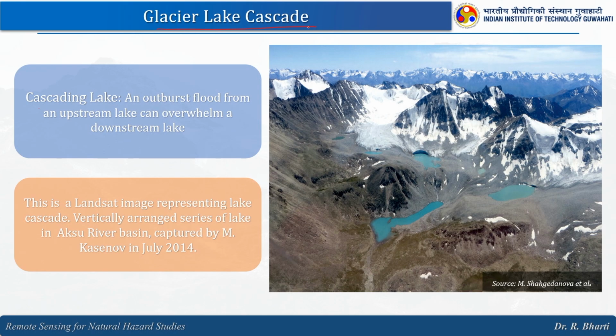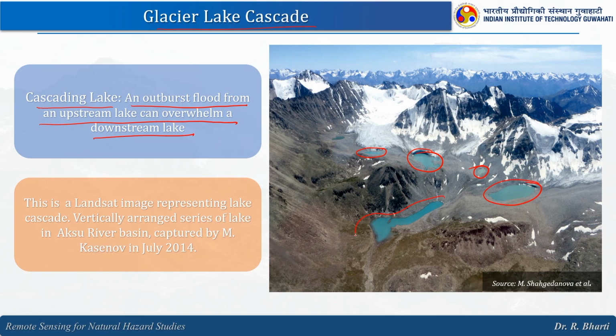Glacial lake cascade. In cascading lakes, an outburst flood from an upstream lake can overwhelm a downstream lake, right. We have seen another example where 3 lakes were connected. Now, here you see this is one lake, this is another lake, we have one small here, one here.